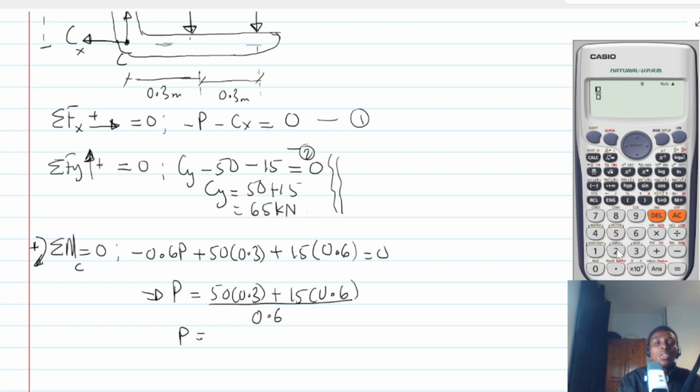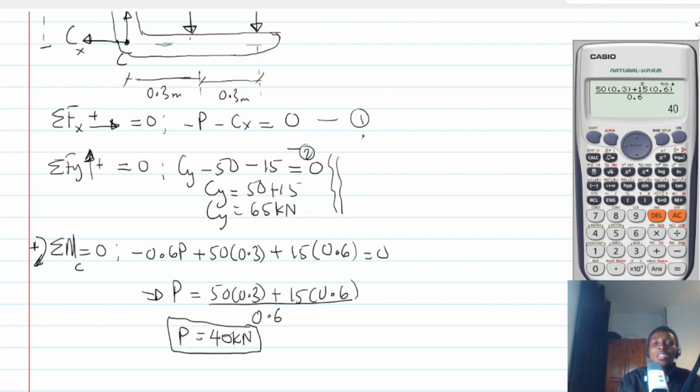So P is going to be 50 into 0.3 plus 15 into 0.6, divided by 0.6. All right. 40. So P is 40 kilonewton, Cy is 65, and then Cx.